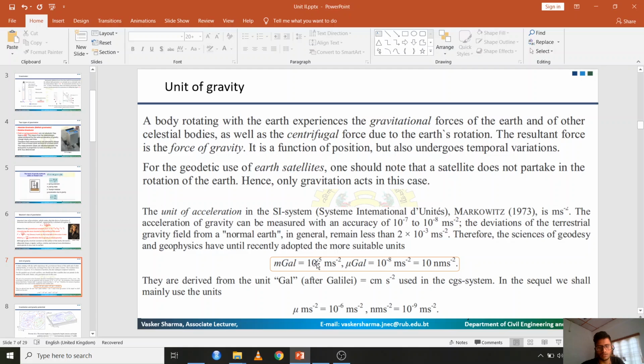Since it has higher sensitivity, whatever the instrument measures is measured in milligal. Sometimes we can also measure it in gal. Gal is actually named after Galileo.